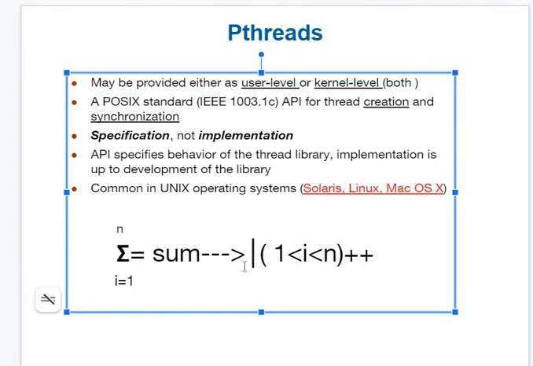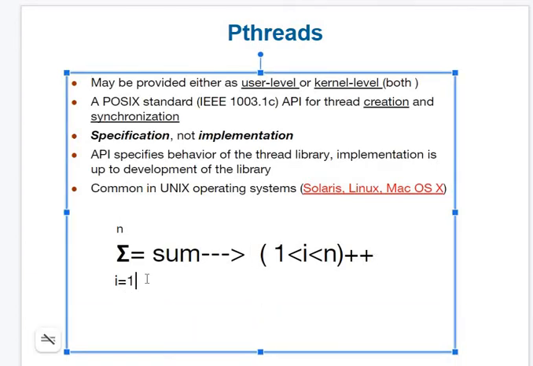Here there are two to three sub activities. First activity is initialize variables: sum equal to 0, I equal to 0. Also check whether the limit has reached or not.